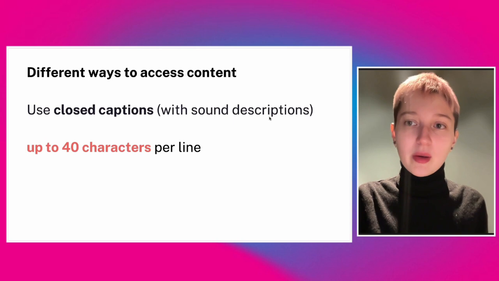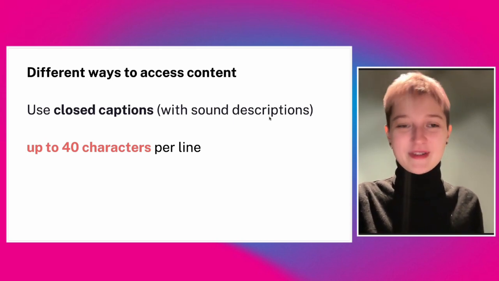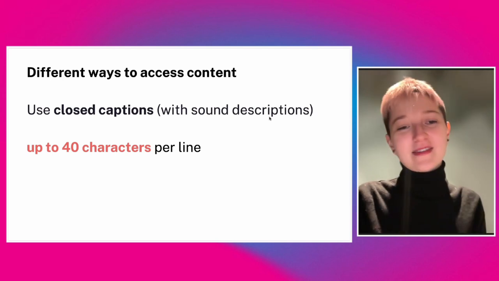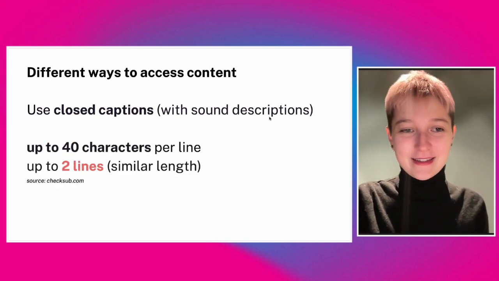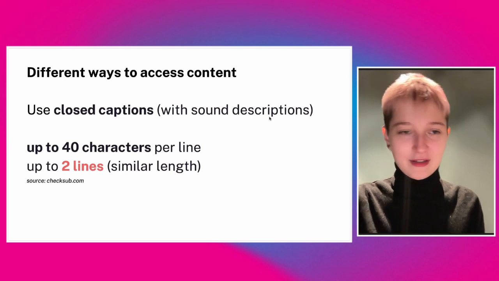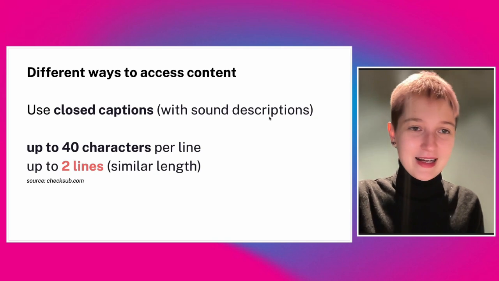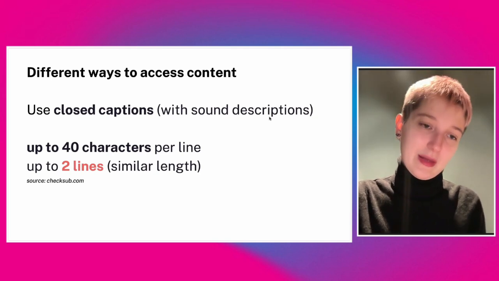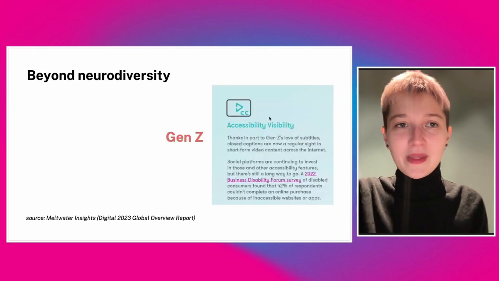This might also be a familiar number to some of you, especially the content designers, because this is also a suggested character limit for microcopy in interfaces. So that's pretty easy to remember. And keep them up to 2 lines of similar length. And here's a source if you would like to learn more about closed captions, if this is something that would be particularly useful for you.